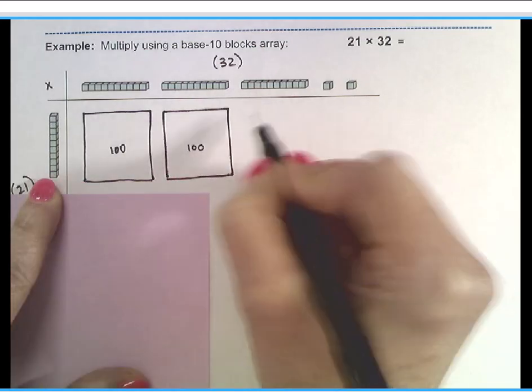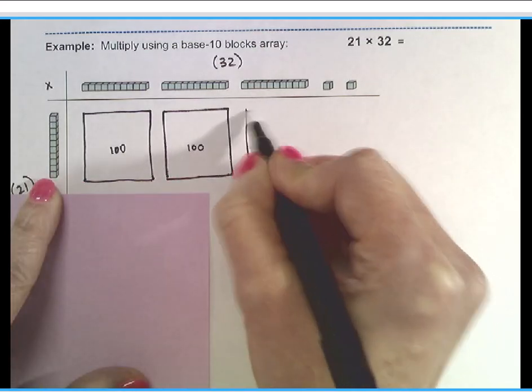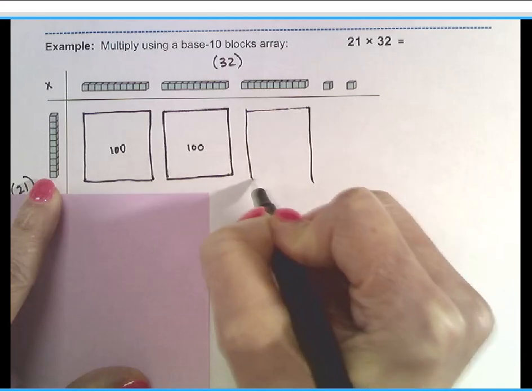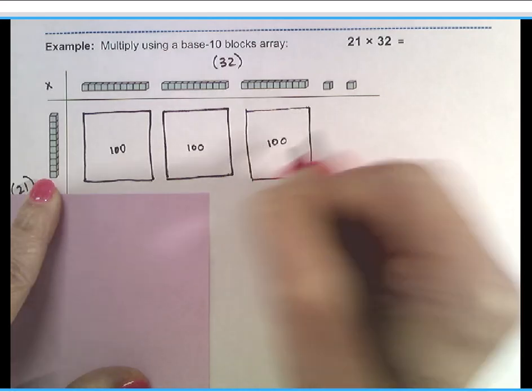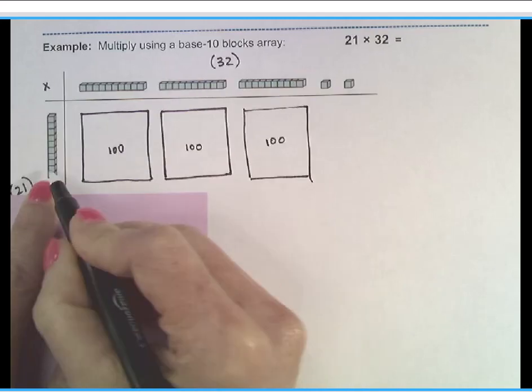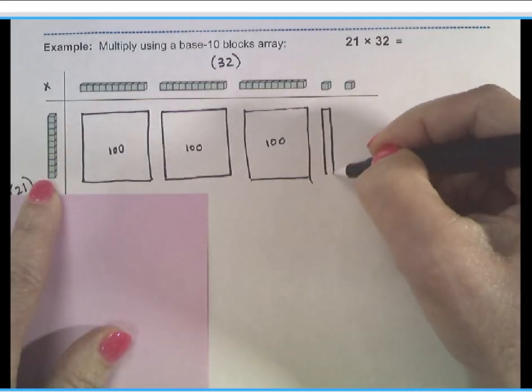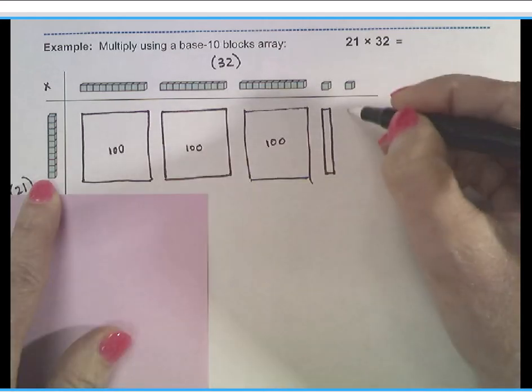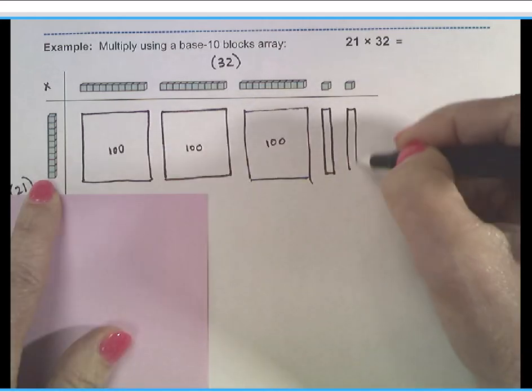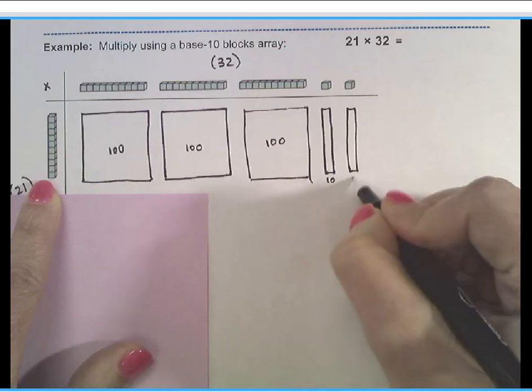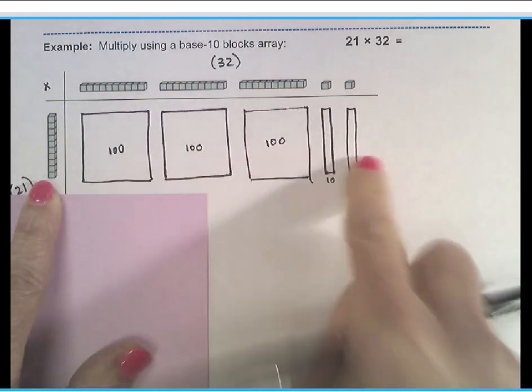And then 10 times 10, that's another 100. Oh my gosh, none of these look the same, but you get the idea, okay? And then 10 times 1 would just be 10. So each of those are 10 and 10. So we've got 320 so far.